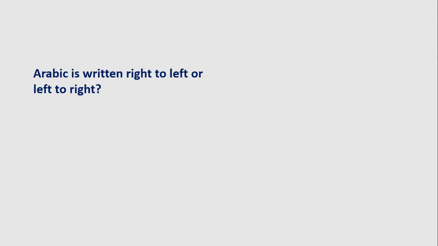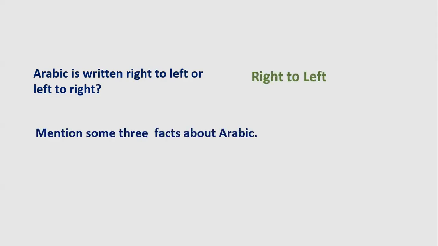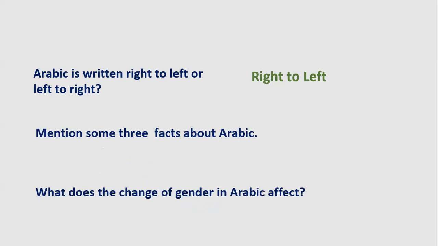Easy question. Yes, excellent, right to left. Question number five: mention three facts about the Arabic language. We studied seven facts already. You can review them. This is a repetition of the same question.